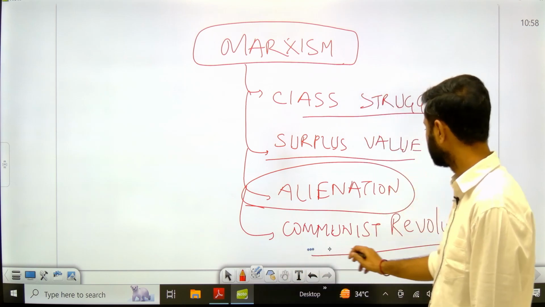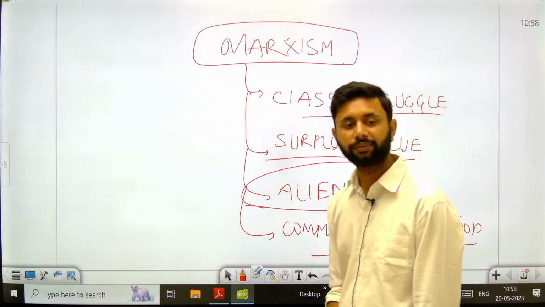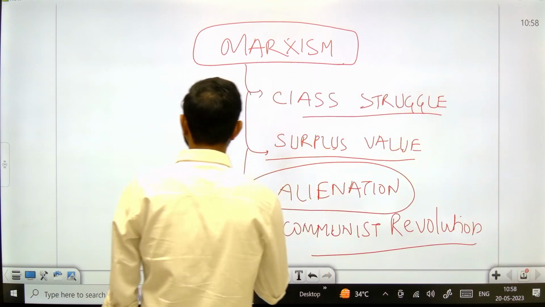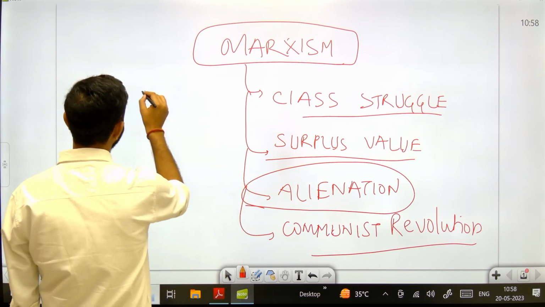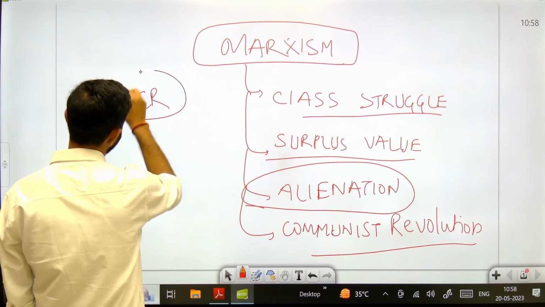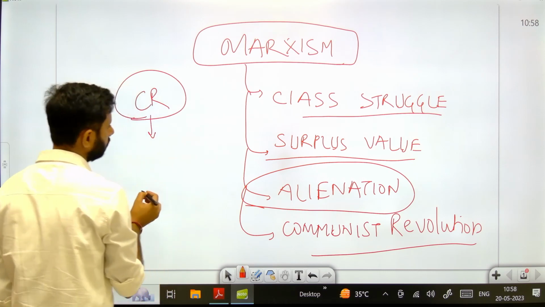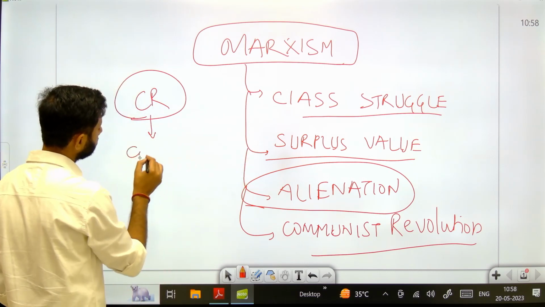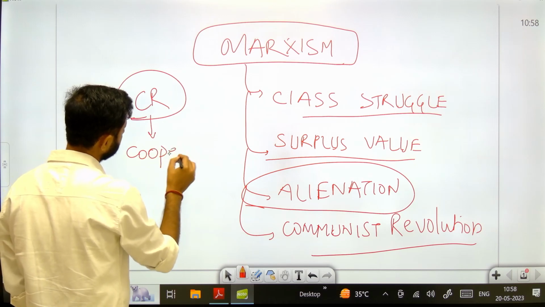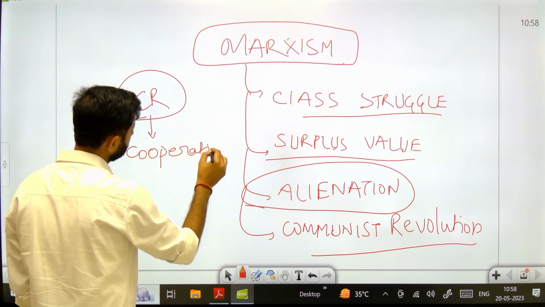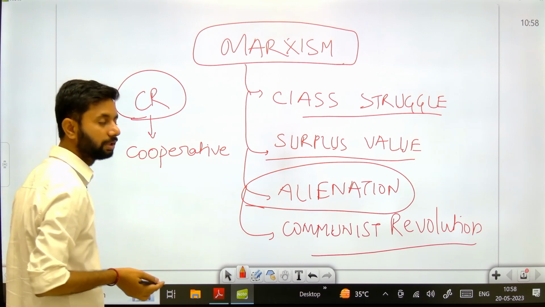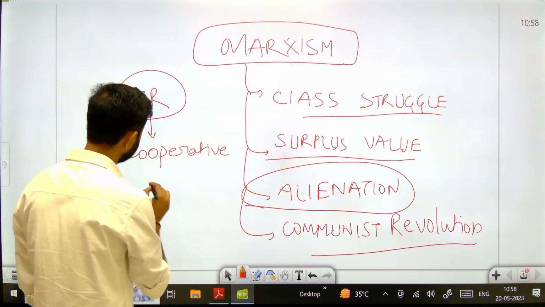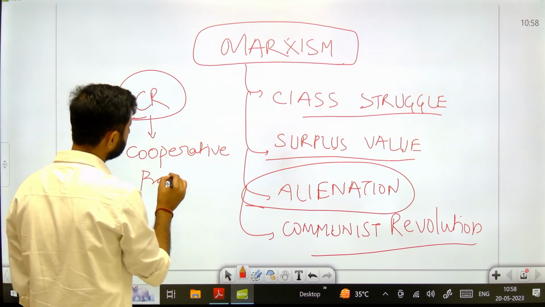Similarly, last but not the least, communist revolution. Marx says, since cooperative agreements are not possible with the capitalists, prayers won't do anything.